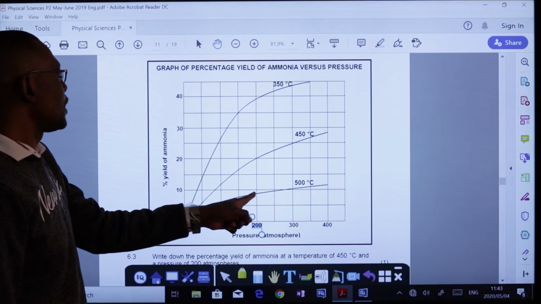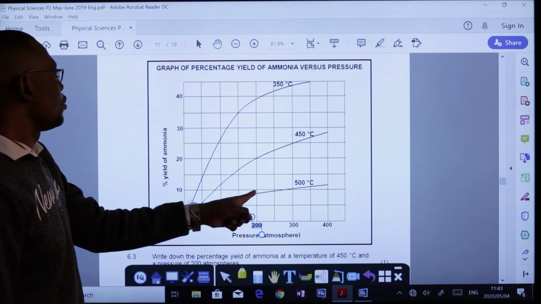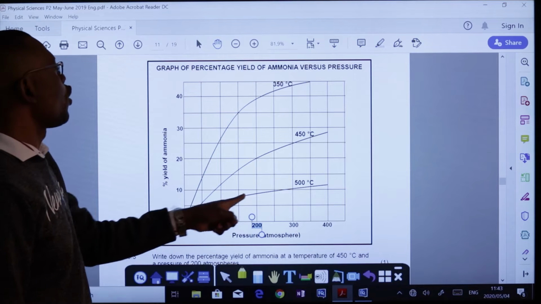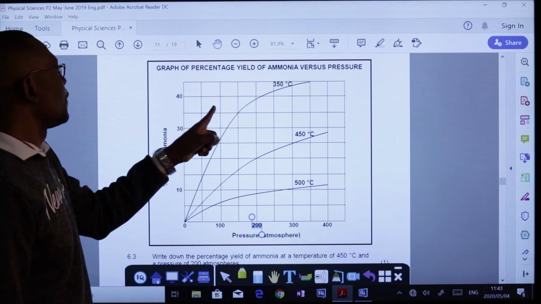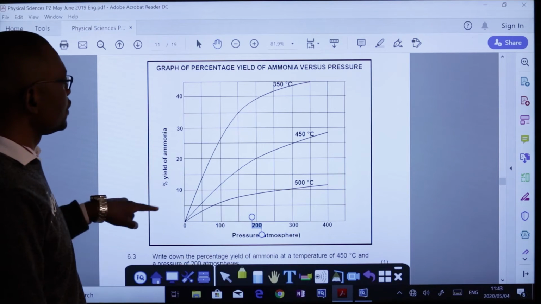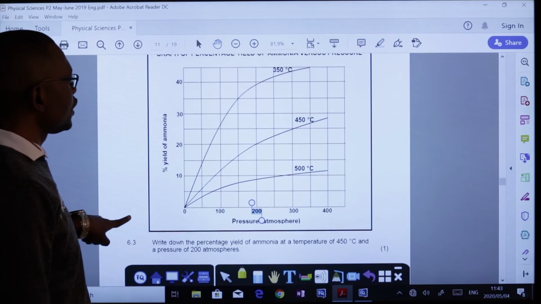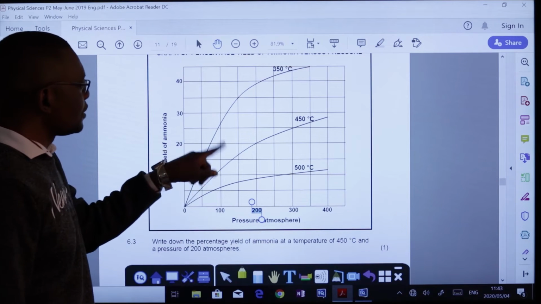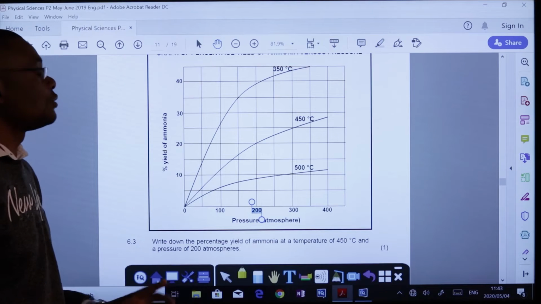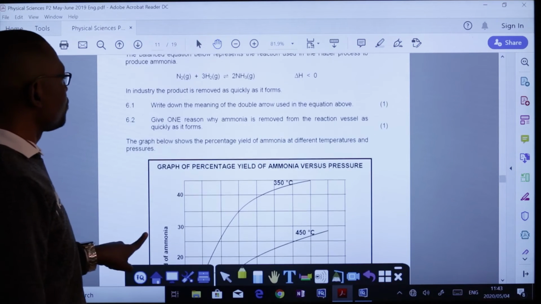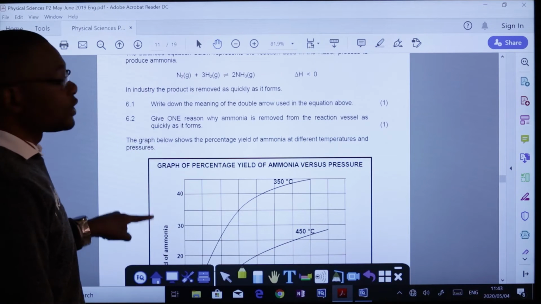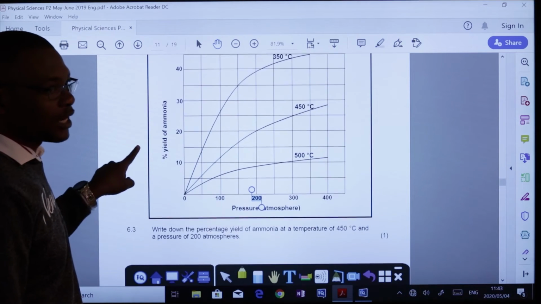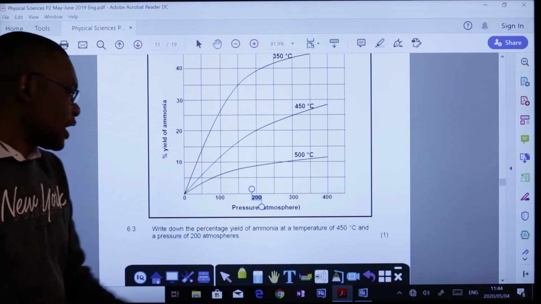At any given pressure, the amount of ammonia at 500 degrees is lower than that at 350 degrees. So according to Le Chatelier's principle, this difference in percentage yield tells us that this balanced reaction is an exothermic reaction. It gives out energy.